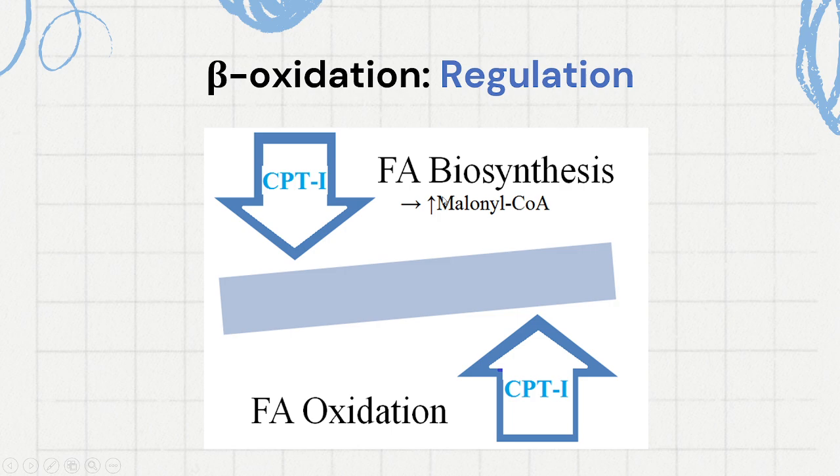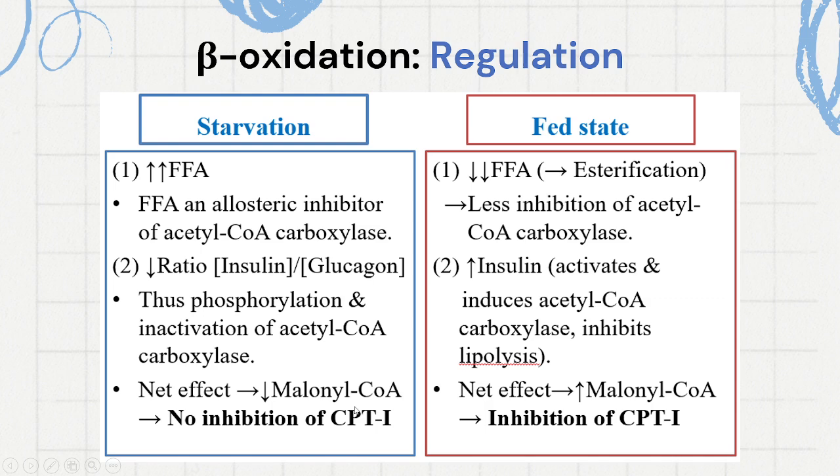When fatty acid synthesis is high, there is high concentration of malonyl-CoA. This will inhibit fatty acid oxidation. So in situations where we have active fatty acid synthesis, at the same time fatty acid oxidation will be inhibited through the inhibition of carnitine palmitoyl transferase 1 by malonyl-CoA.